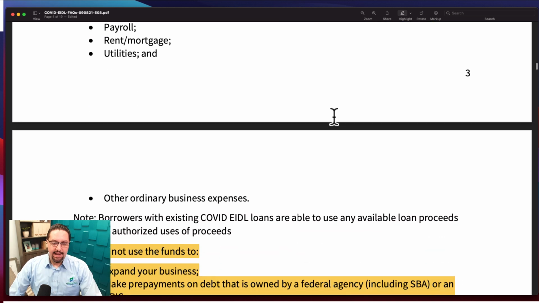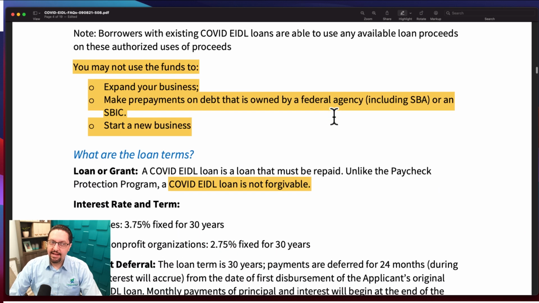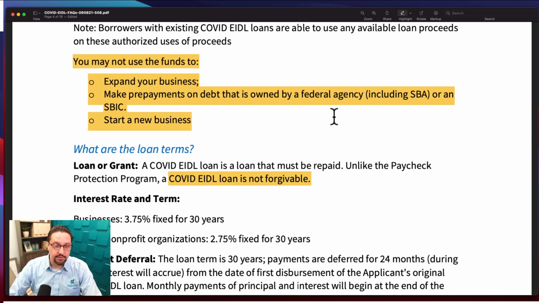Now, other things have not changed. For example, you may not use the funds to expand your business, or make prepayments on debt that is owed to a federal agency, including the SBA or the SBIC. Now, you can use the EIDL loan funds to prepay the EIDL loan.